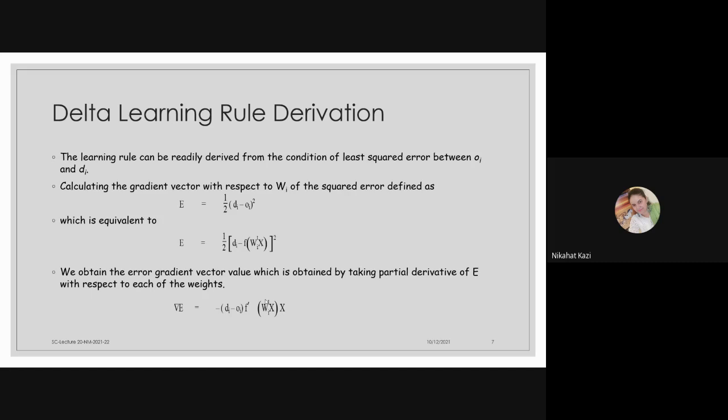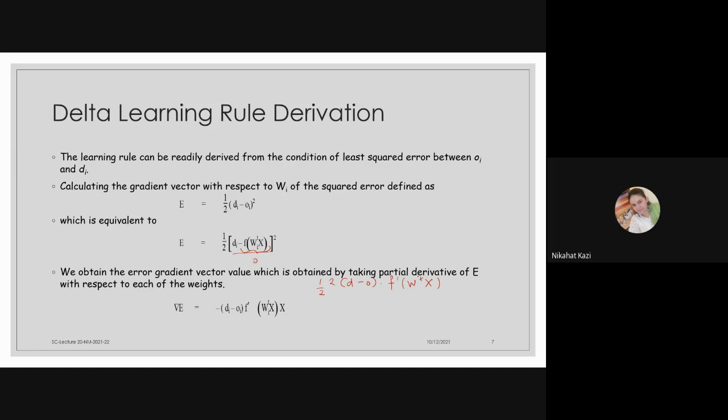It is half into 2 times d minus o, this is o, times the derivative of this term, w transpose x, multiplied with x.